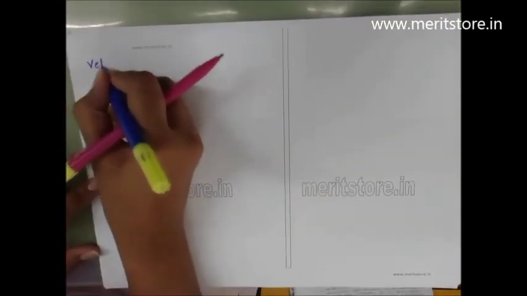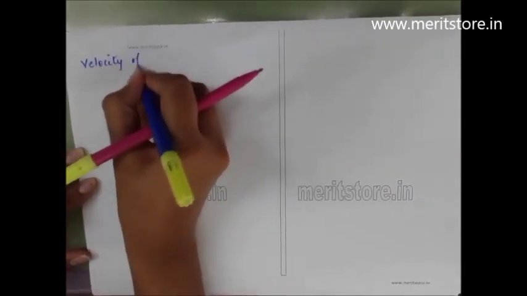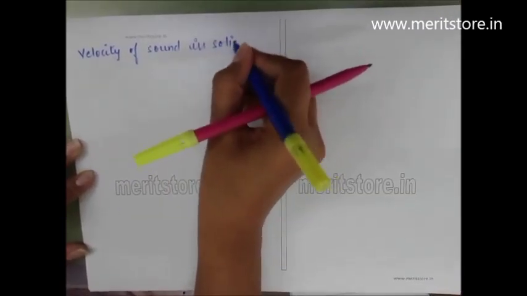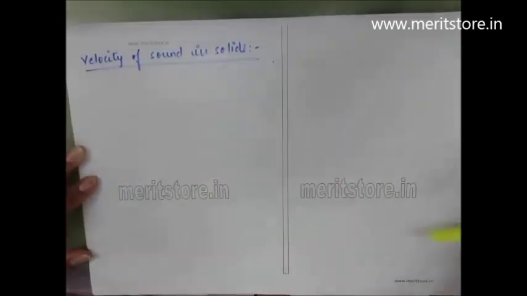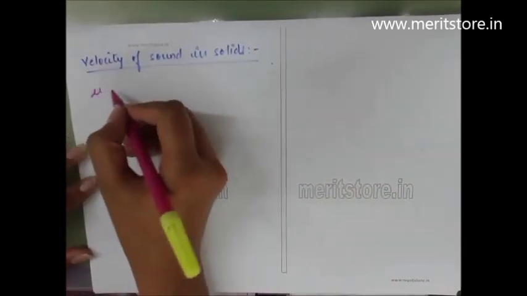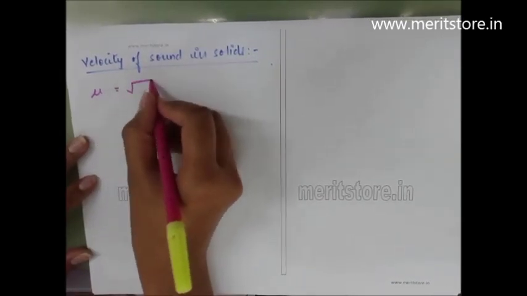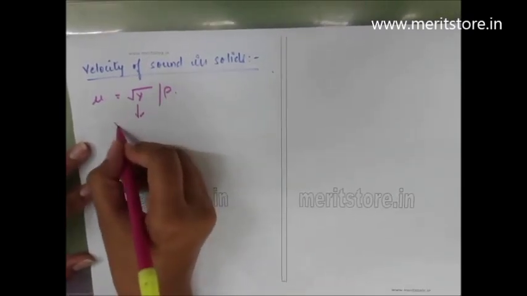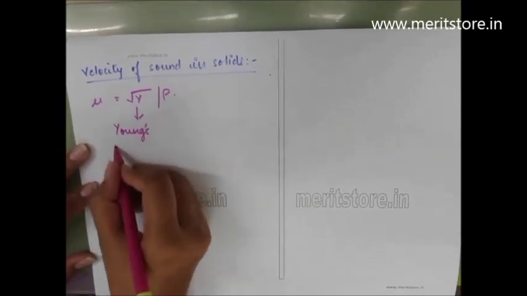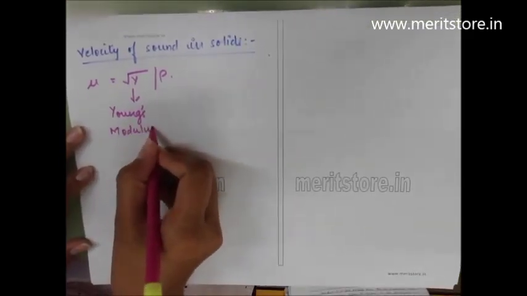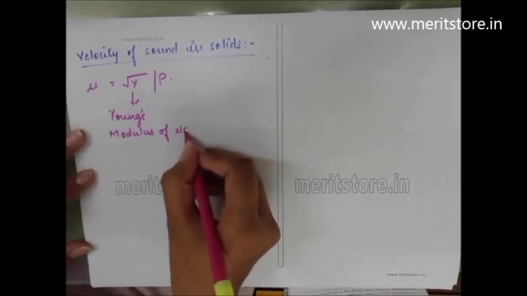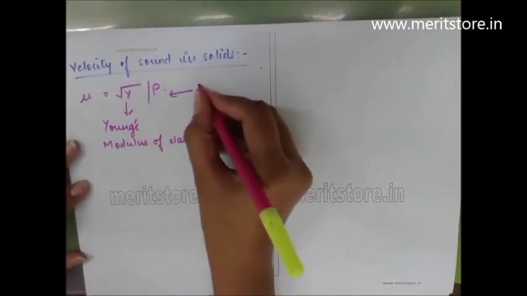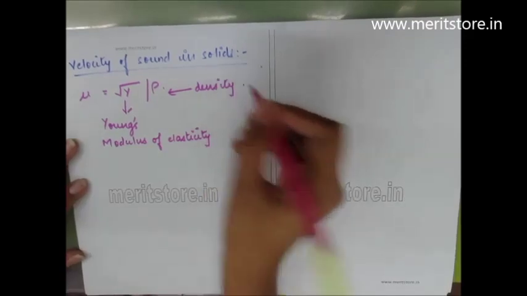Velocity of sound in solids. Velocity of sound in solid is given as U equal to square root of Y divided by rho, here Y is Young's modulus of elasticity and rho is the density of a particular medium taken into the consideration.